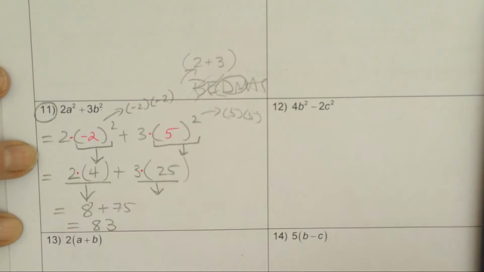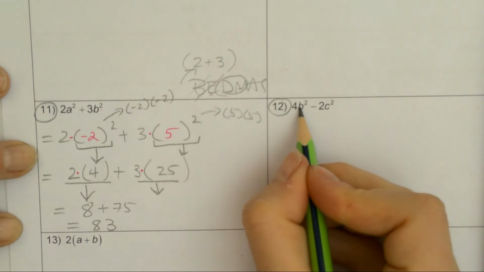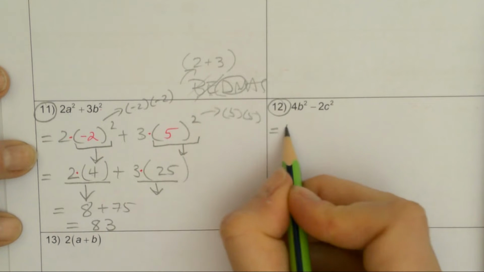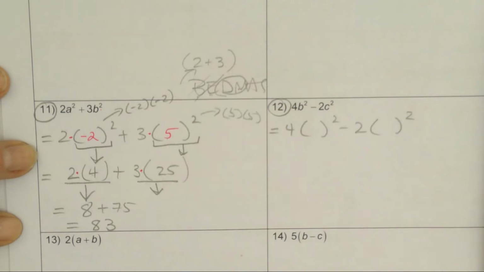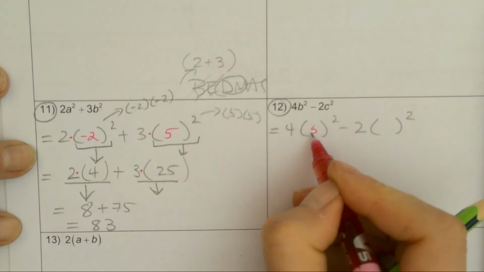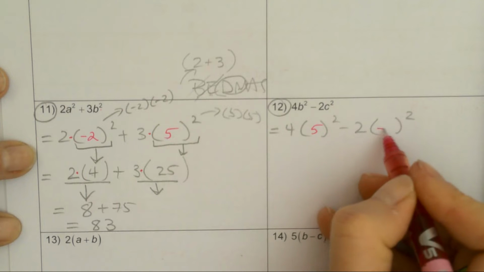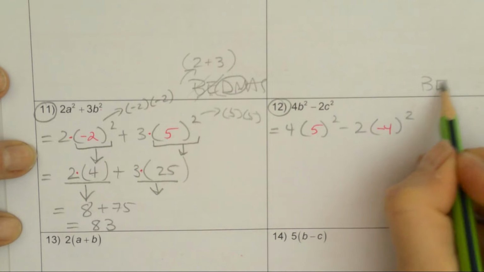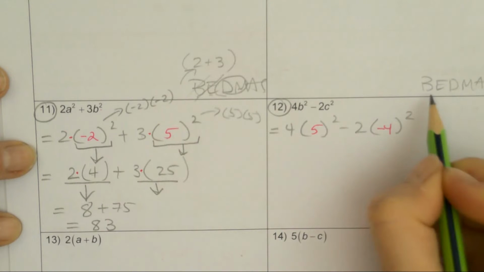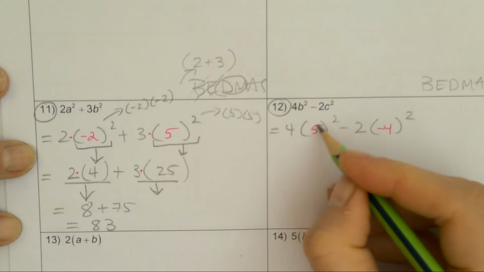Okay, let's do 12. Wherever there's a variable, a letter, I'm going to put brackets. So B was 5 and C is negative 4. So BEDMAS. Inside the brackets, the 5's alone, can't do anything.